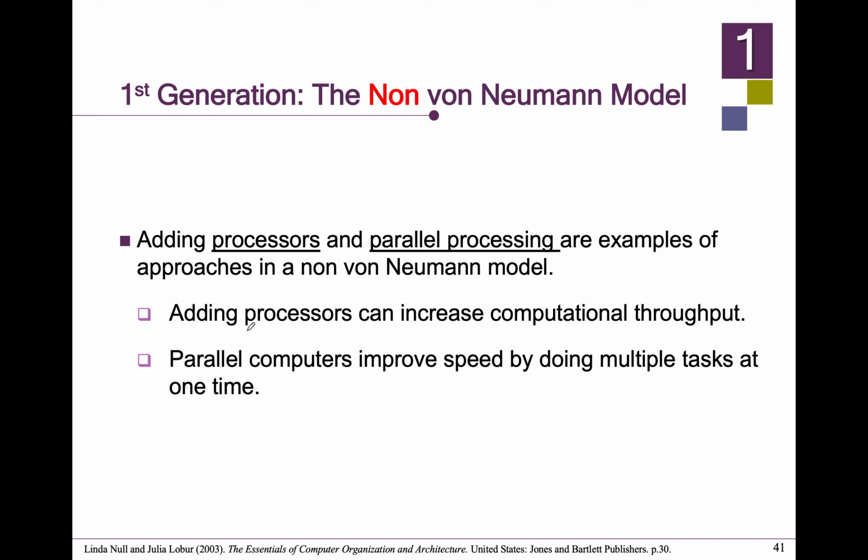So that is the first generation, which is the non-von Neumann model. What we can learn and dig deeper into in the non-von Neumann model is adding processors and parallel processing, which are examples of approaches in non-von Neumann models.